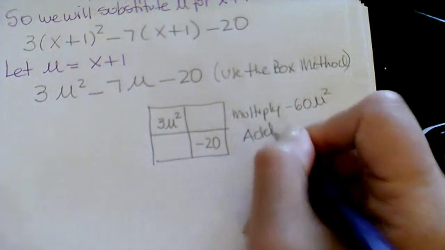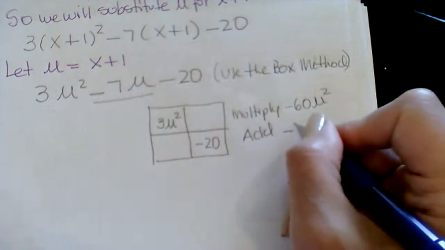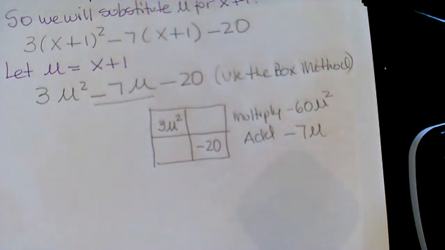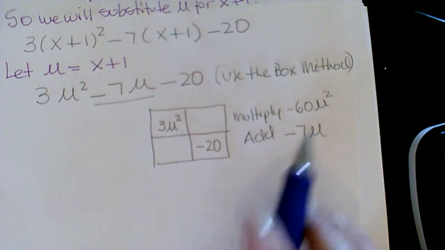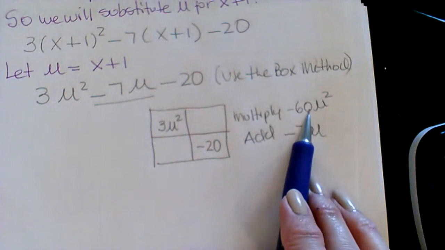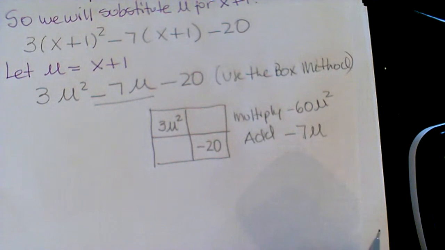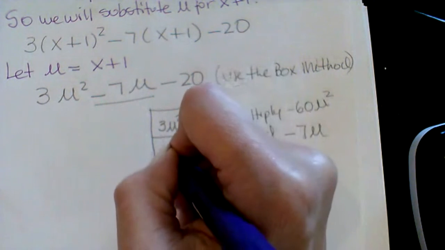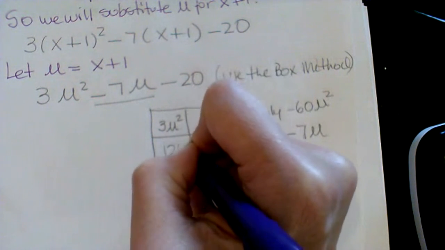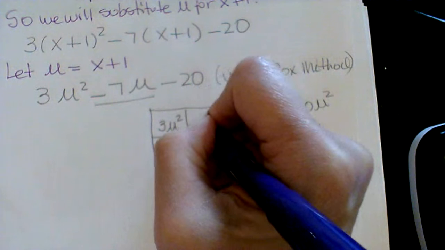And we add, it's going to be negative 7u. All right? So we need two numbers that when we multiply, we get negative 16, and when we add them, we get negative 7. Okay? And those two numbers are going to be 12u and 5u.